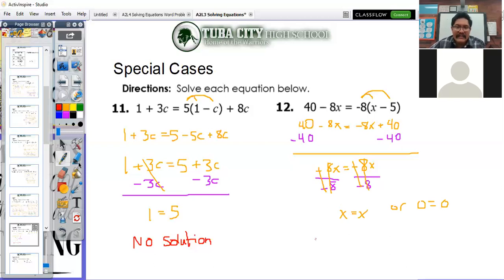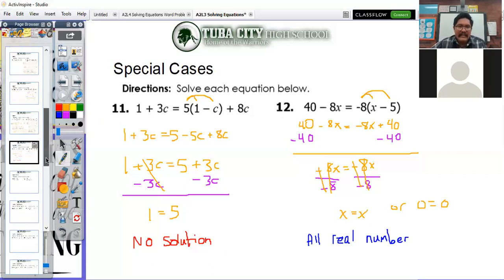So everything is true. So anything that's a real number, anything I throw in there is going to work. So we say all real numbers.